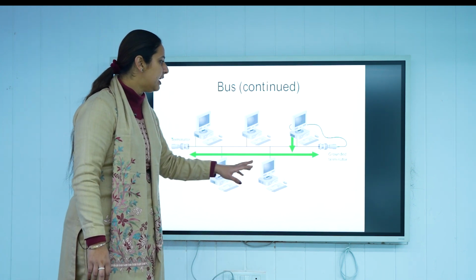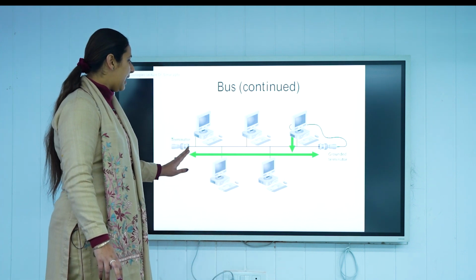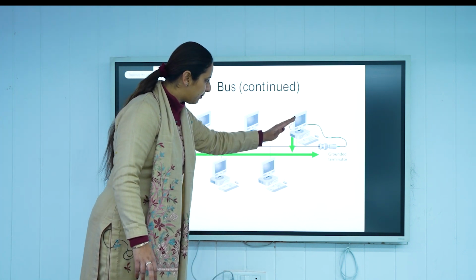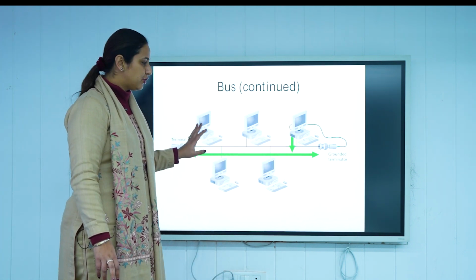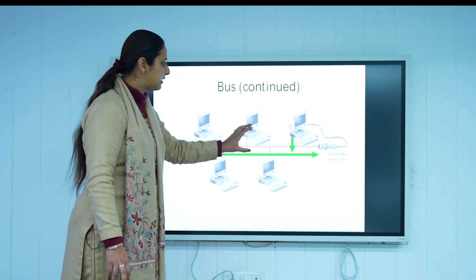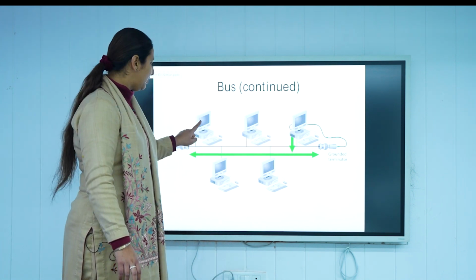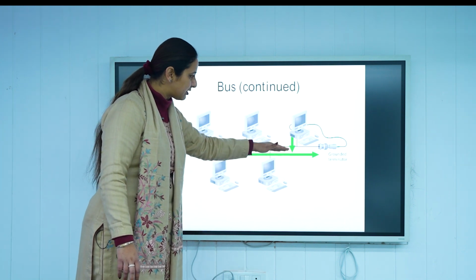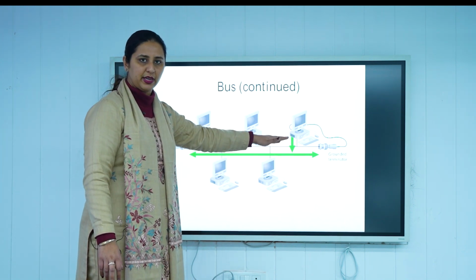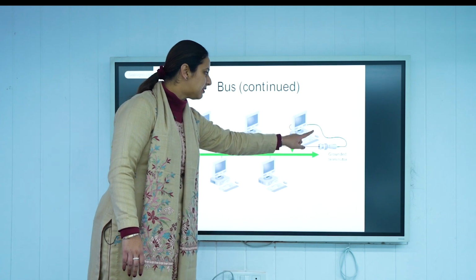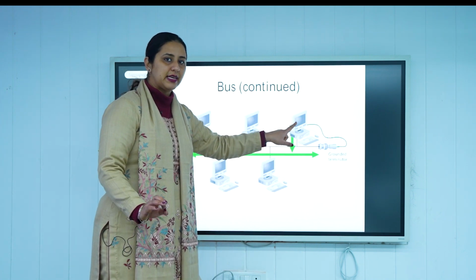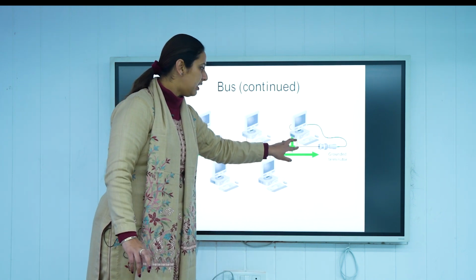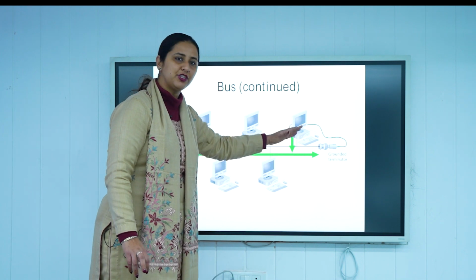Here you can see we are using a single cable and all the nodes are connected to this cable. For example, if this node wants to send data to this node, it will send the information through the cable. That information will be broadcast to all the nodes connected to the cable, but only this node, which is the designated receiver, will take the information from the channel.